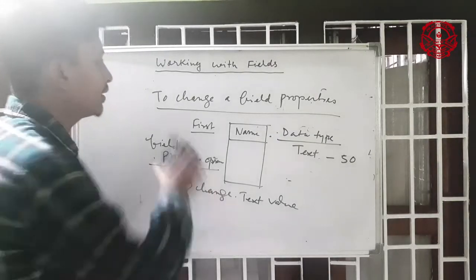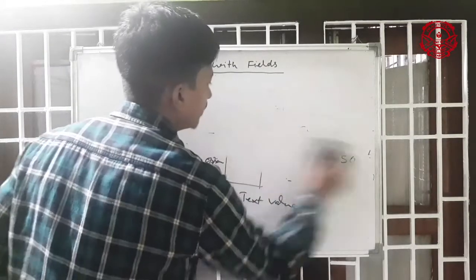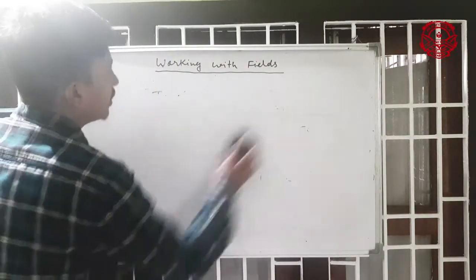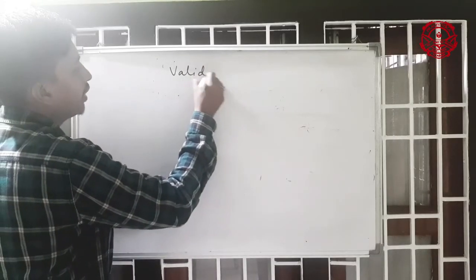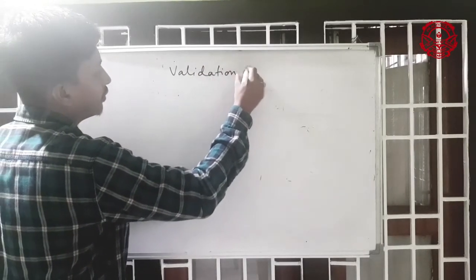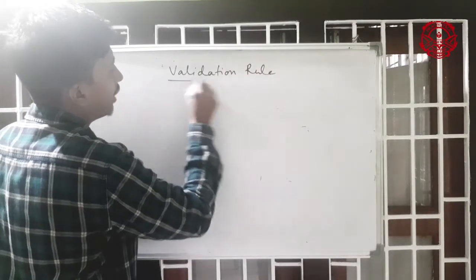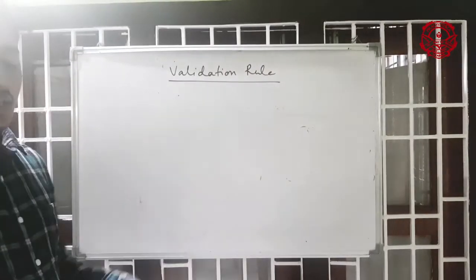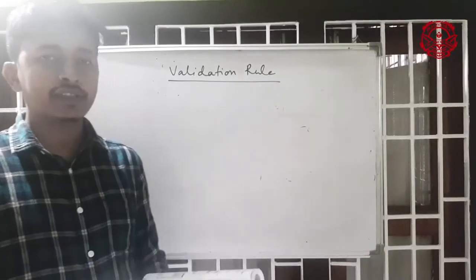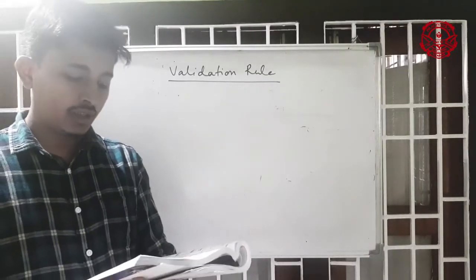Now, the next thing is restricting data input by a validation rule. Means you can validate anything, many fields or one field.